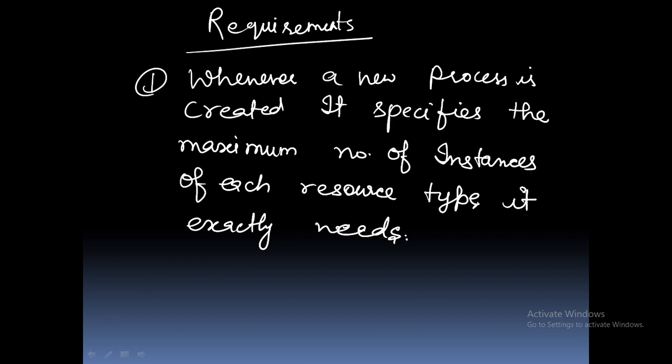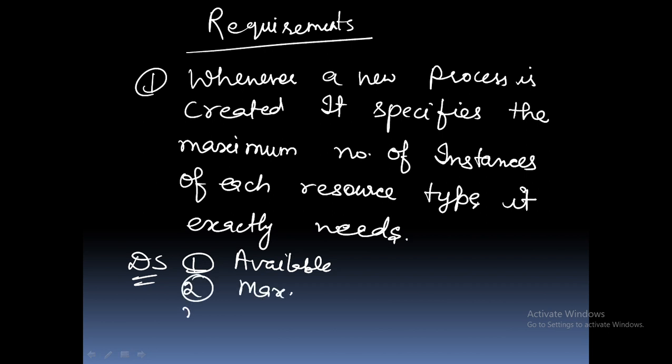The data structures used to implement Banker's algorithm: there are 4 types of data structures. First is available. Second, maximum resources data structure. Third, allocation.